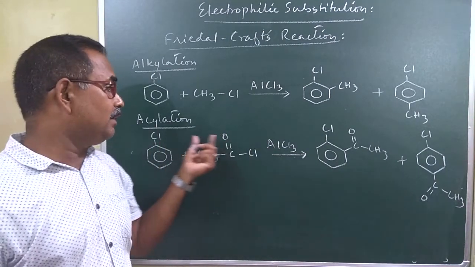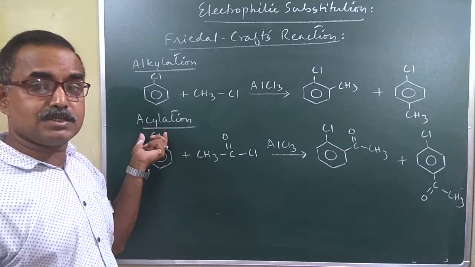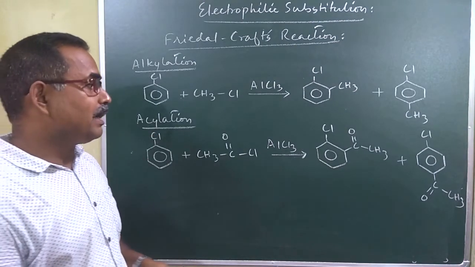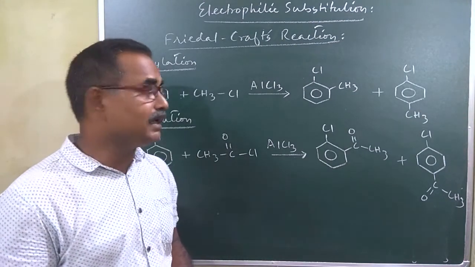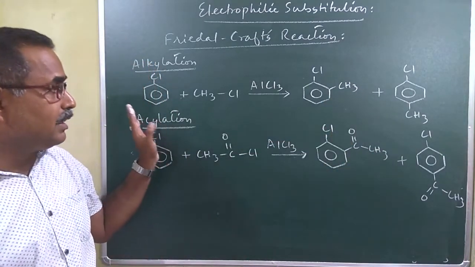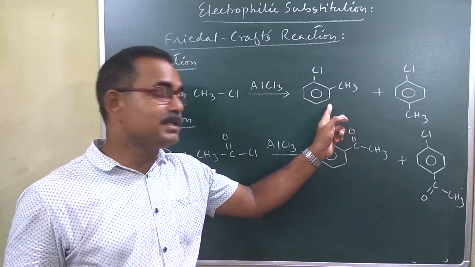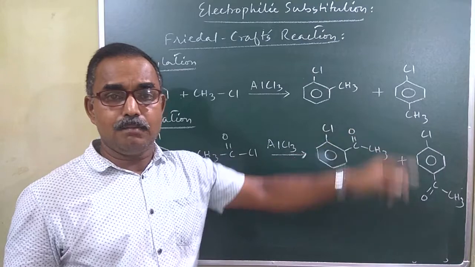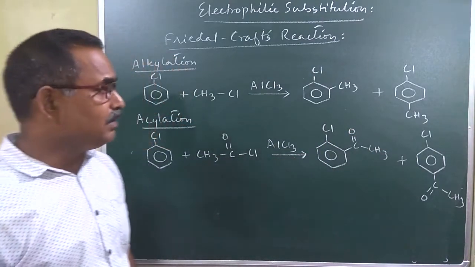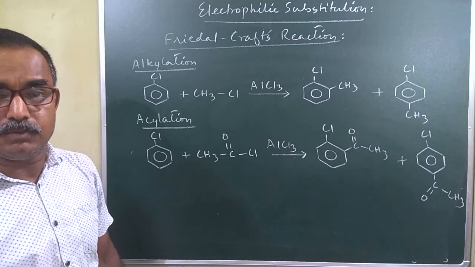But at the same time, halogen atom by virtue of resonance or mesomeric effect is ortho-para directing. So incoming electrophile will be oriented either to ortho position or to para position. In this way, on electrophilic substitution, we will always get a mixture of ortho and para disubstituted product, and in all the cases the para disubstituted product is the major product.